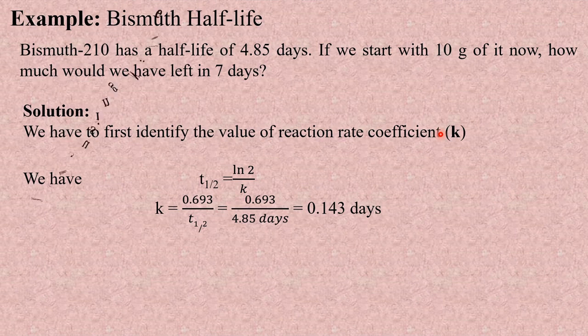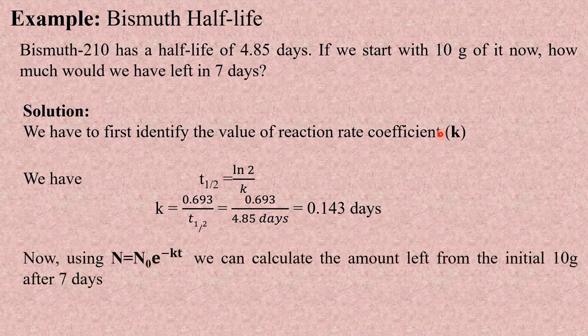So now we know everything in this formula, and we have to identify N. So N0 is 10 gram, k is equal to 0.143 per day, and t is equal to 7 days here, because we have to calculate the amount left from the initial amount after 7 days.